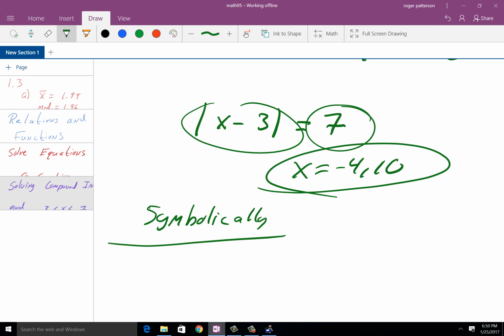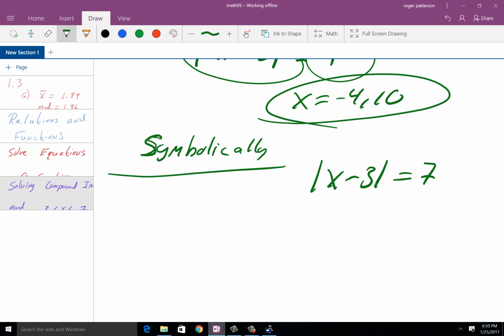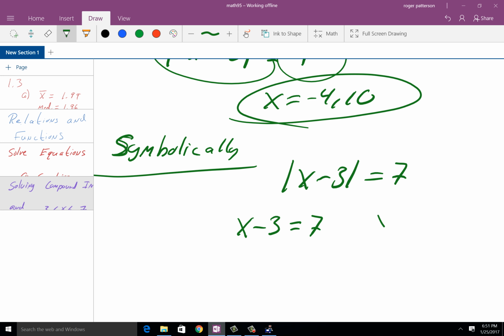That's an S. Symbolically, because they gravitate towards that. So you can say, well, how do I do it? Here's how you do it. We're going to go x minus 3 is equal to 7. That's the obvious answer. But we just talked about that since it's absolute value, x minus 3 could also be equal to what other number?